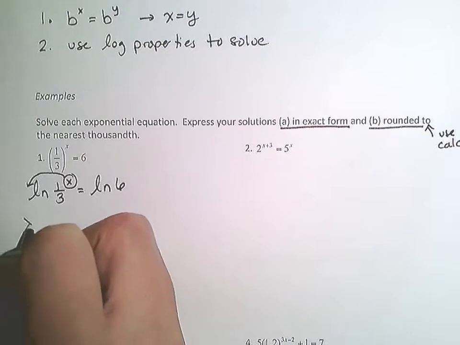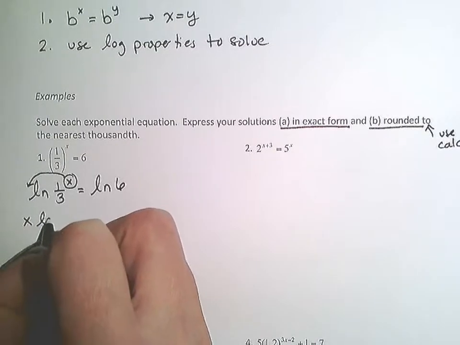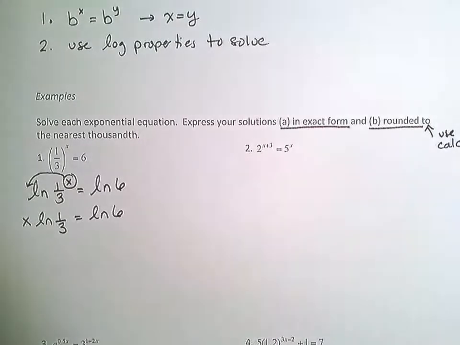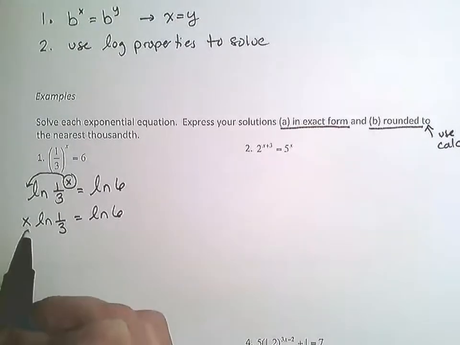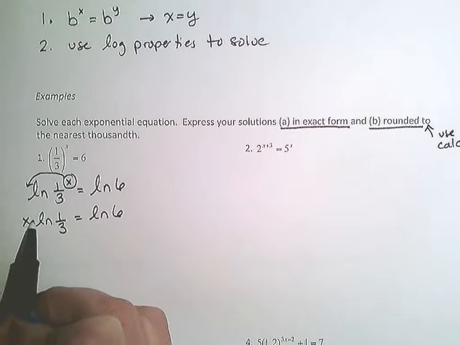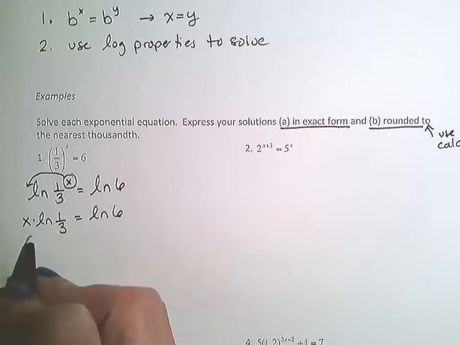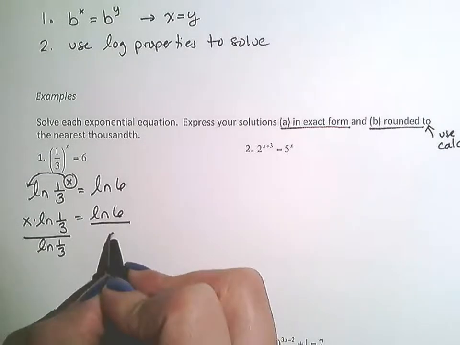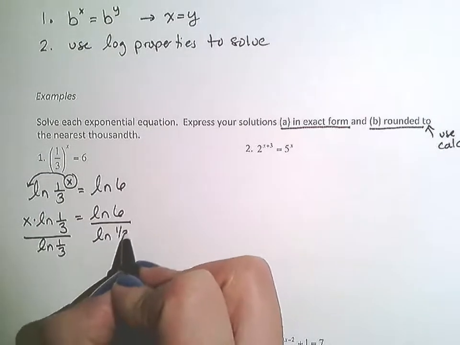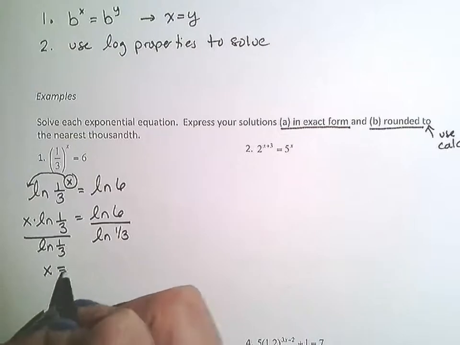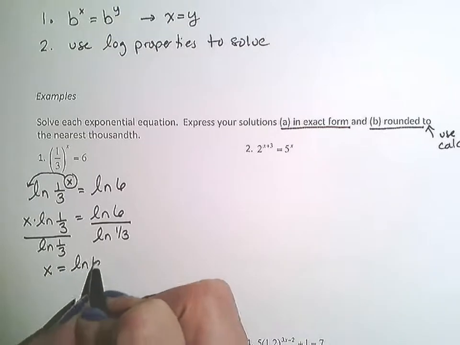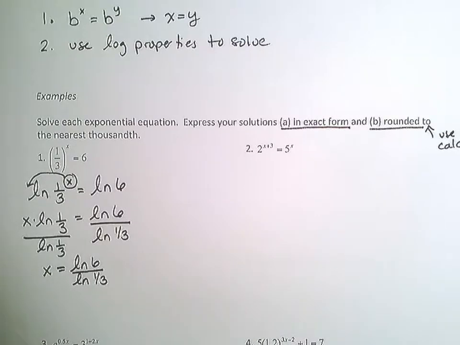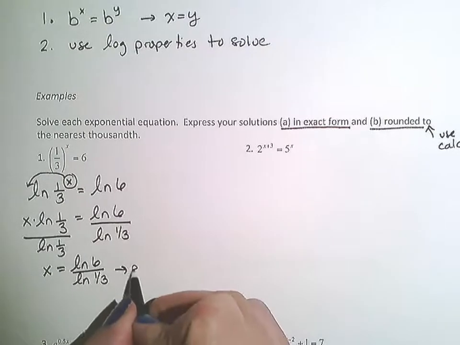So I can set this as x times ln of 1/3 equals ln of 6. And now I can get the x by itself. Because this is multiplication, I can divide this side by ln of 1/3, and I can divide this side by ln of 1/3. So x is equal to ln of 6 divided by ln of 1/3. So this is the exact solution.